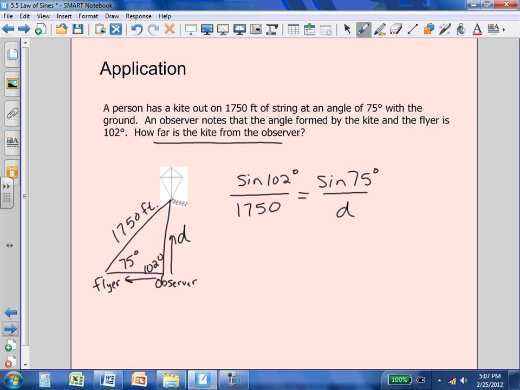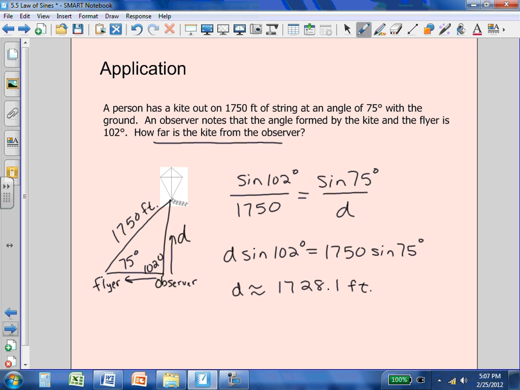So we cross multiply. d times the sine of 102 degrees equals 1750 times the sine of 75 degrees, and we divide both sides by the sine of 102, and we will have that d is approximately 1,728.1 feet.